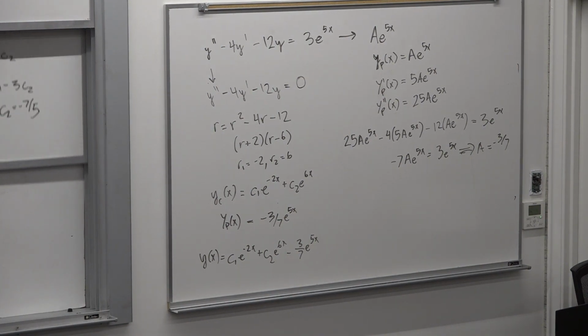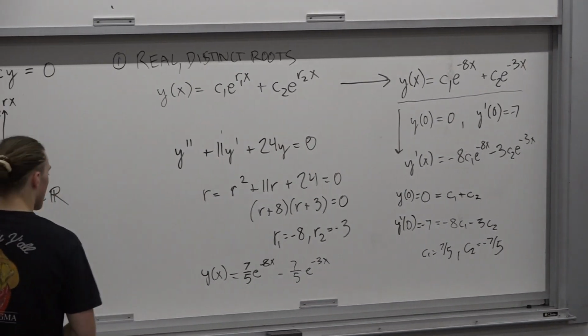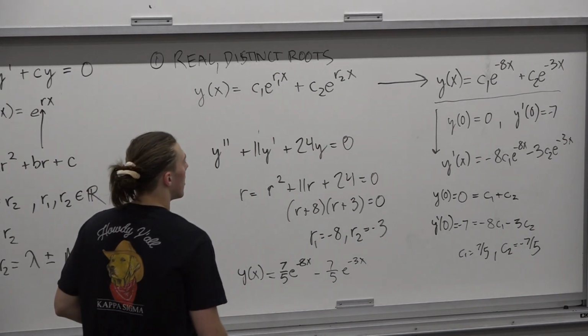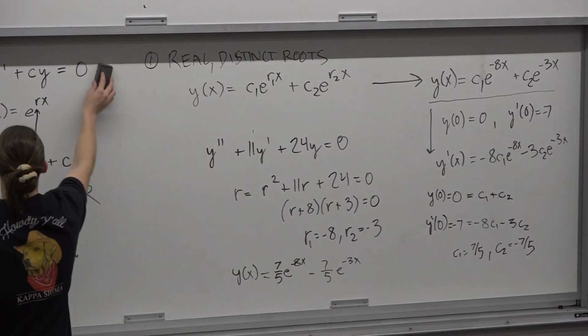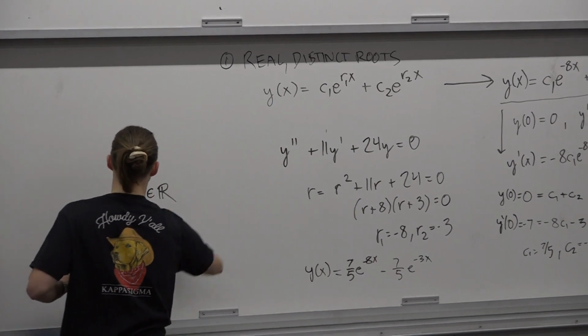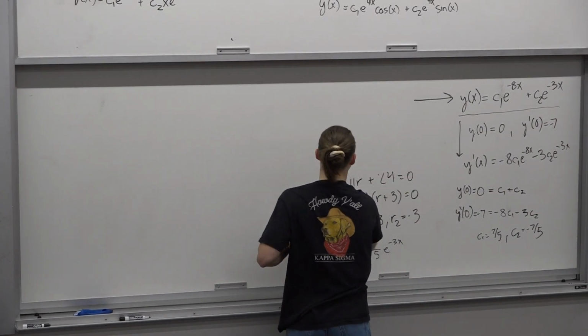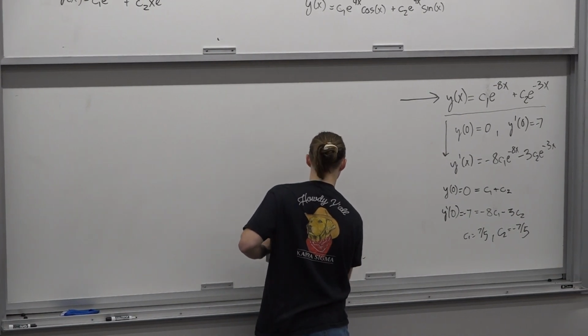So, first thing to consider is, what if our g of x isn't exactly like one of the terms we had on the table? What if it's a combination of two of those terms?